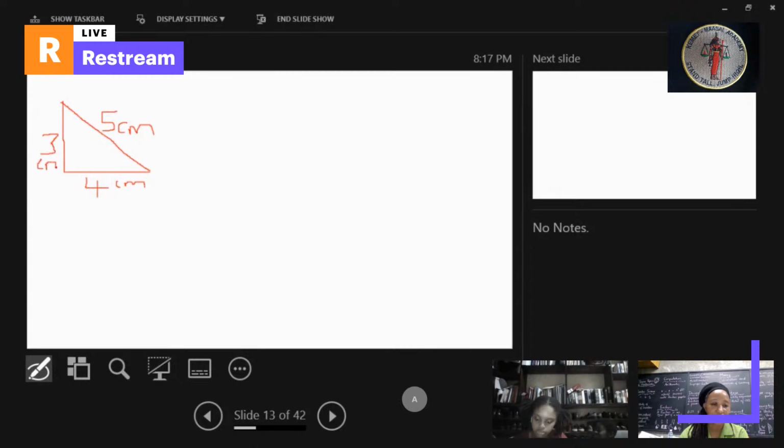All right, so the scale factor is 4. So what will be the new measurements for the big triangle if the scale factor is 4?